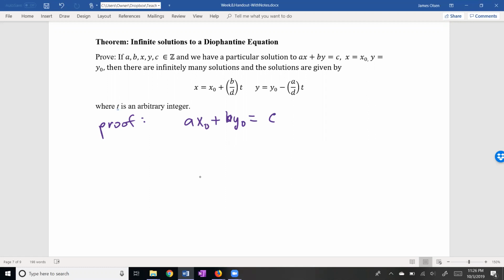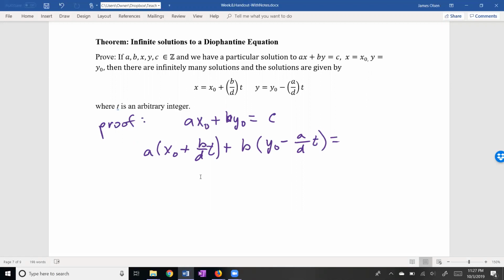Now we're going to substitute in these would-be solutions and see what happens. a times x naught plus b over d t, plus b times y naught minus a over d t.